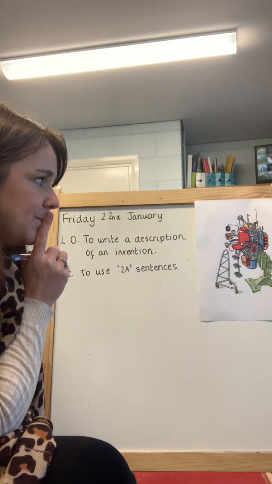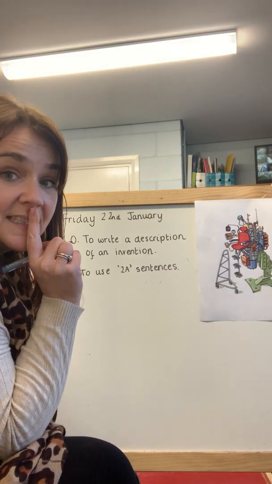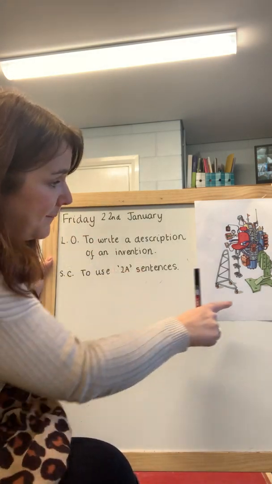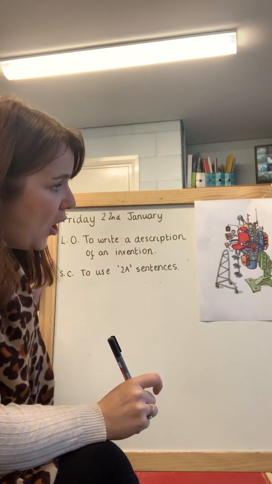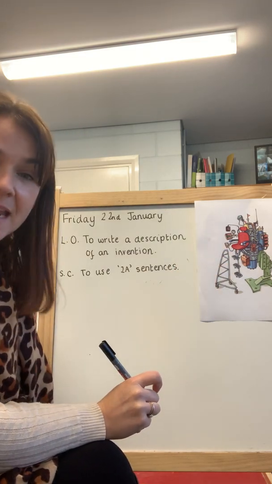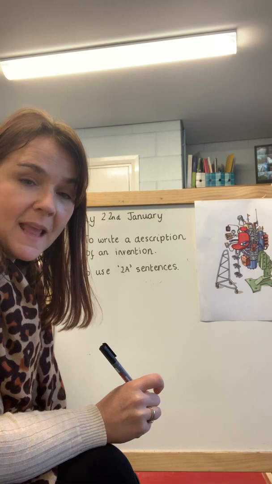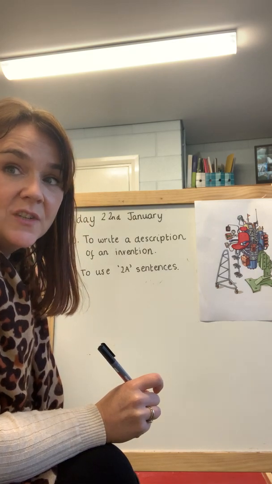How shall I begin? This hard plastic chair sits where? At the top of the, how did I describe the ladder yesterday? I said it was a tall, dangerous ladder.